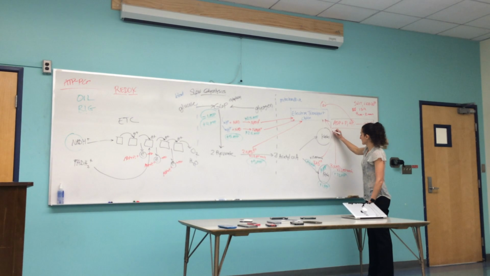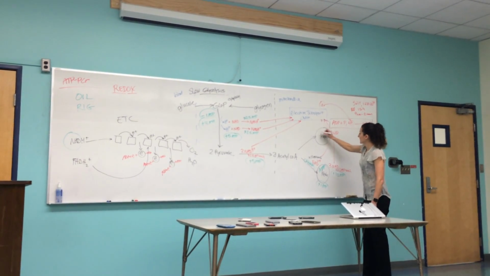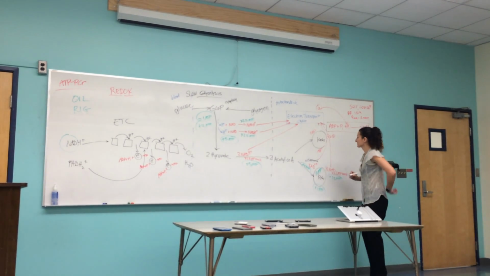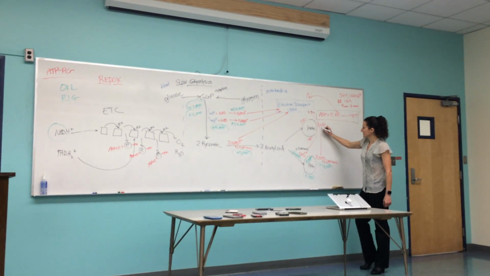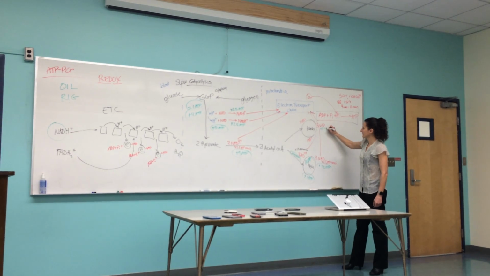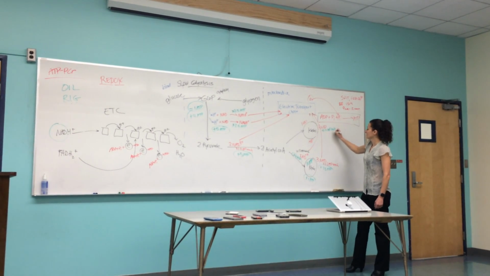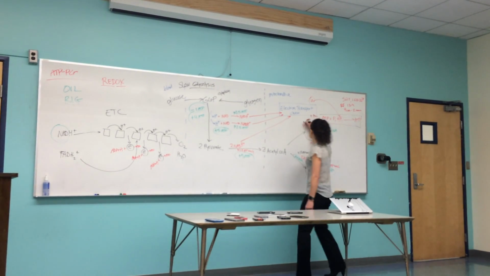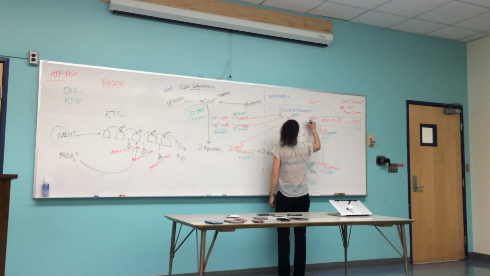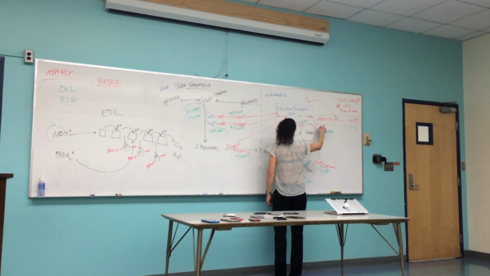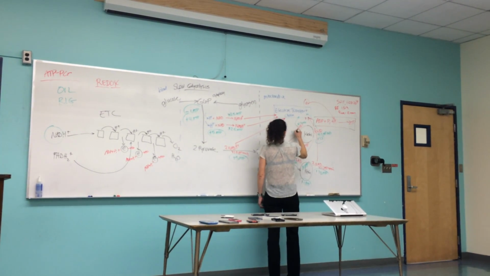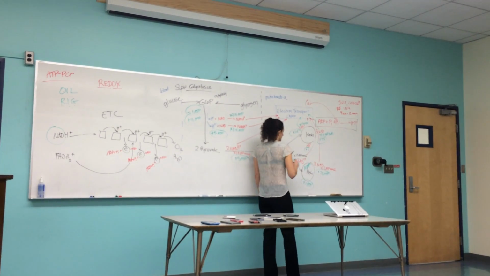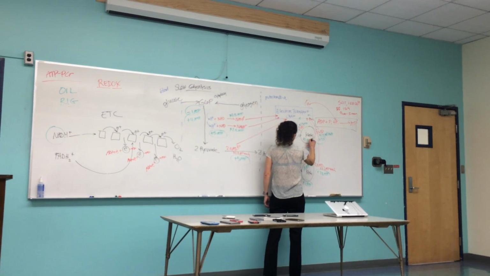So I'm going to have another 3 NAD, another 1 FAD, and another direct ATP. Each NAD is going to give me 2.5 ATP each for a total of 7.5. This is going to give me 1.5 ATP from the electron transport chain, so this is plus 1.5, and this is plus 1. So I have another 10 ATP from this Krebs cycle.